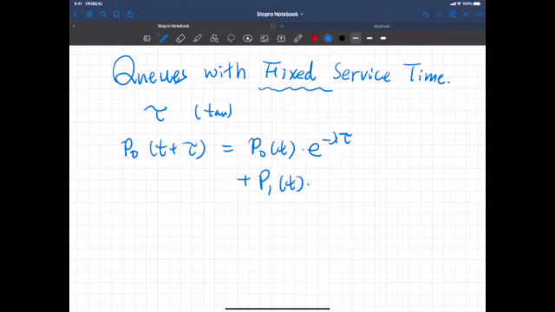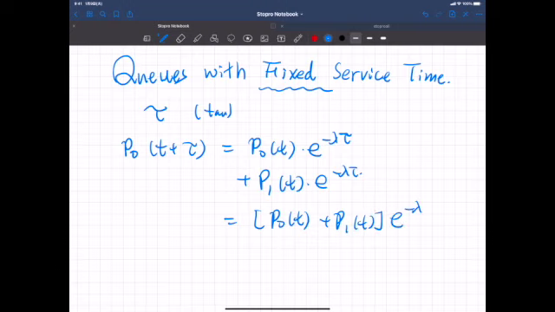So the probability that no new customer arrives is still exponential of minus lambda tau. So after all, we have p0 plus p1, and both times exponential to the power of negative lambda tau.